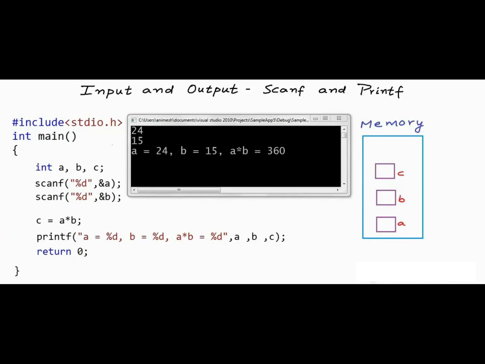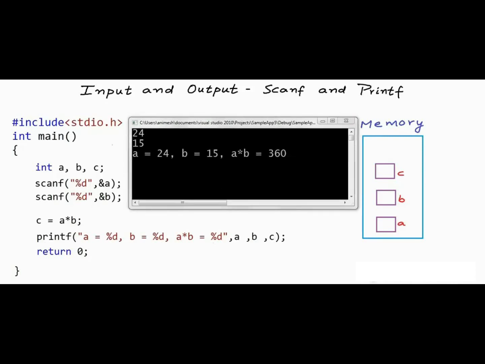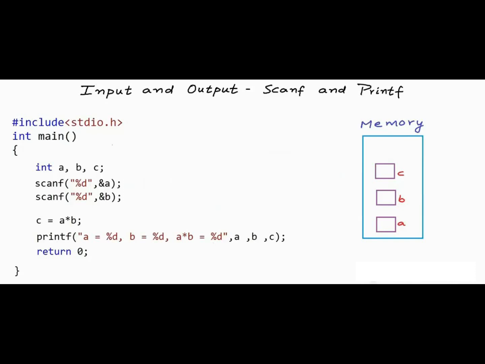So when the control has reached printf, value in A is 24, value in B is 15, and value in C is 360. What has happened here is that when we have entered the first number corresponding to the first scanf, this number has been filled in A, and when we have entered the second number corresponding to the second scanf, this number has been filled in B. So as we can see, scanf can be used to read input from program's command line or console.